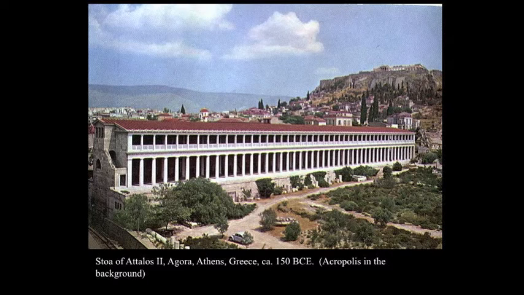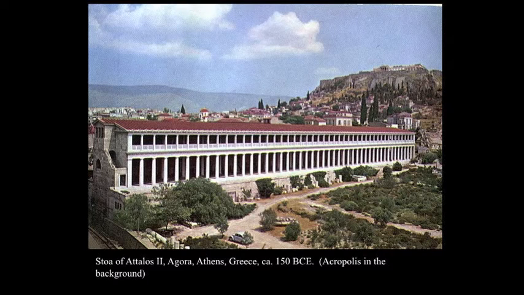And this is supposedly a pretty accurate, meticulously constructed reconstruction of the original. There was a Stoa here created in Athens by Attalos II, who was a Pergamene king. But he had studied in Athens as a youth, and so he had it built for the city of Athens as a tribute or a gift.